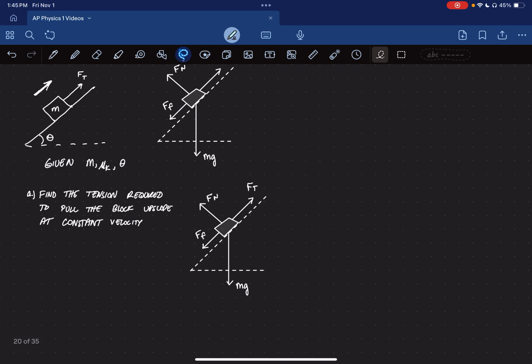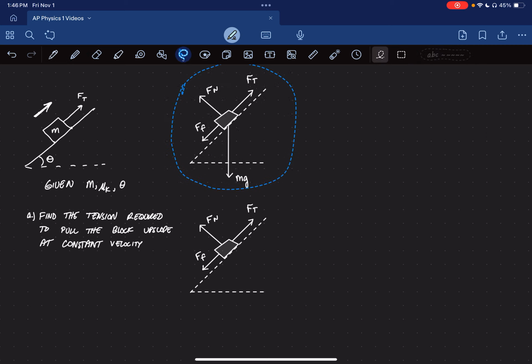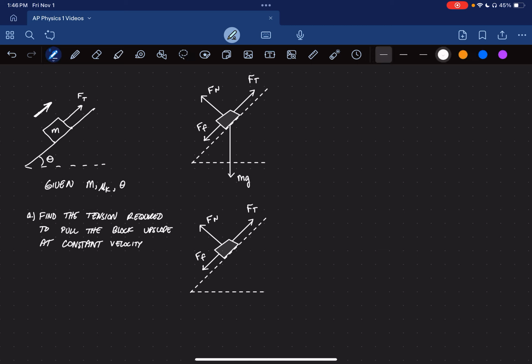Now we're going to draw another one, but with the gravitational force broken into components. But why is that, right? So, sorry, let me just organize this a little bit. It's sliding in the direction of the slope of the inclined plane.